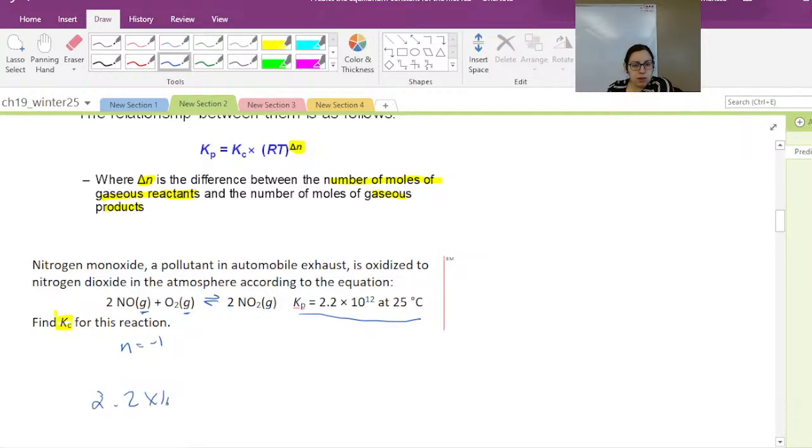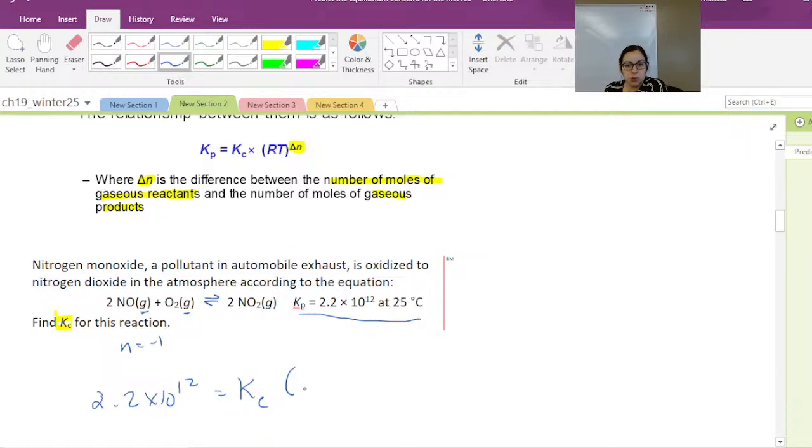So 2.2 times 10 to the 12th is equal to our Kc times, oops, sorry, I shouldn't have written Kc like that, times R. R is just going to be our good old gas constant.